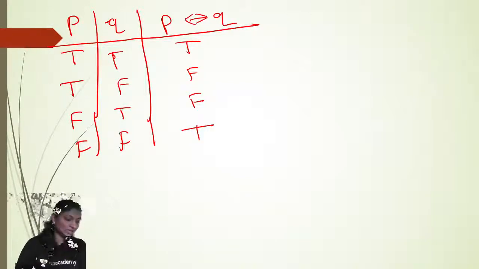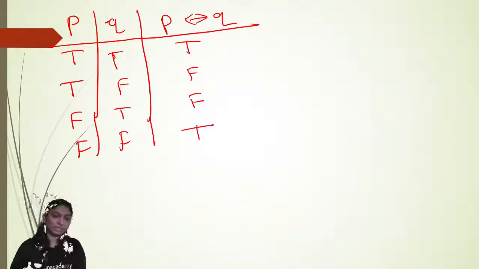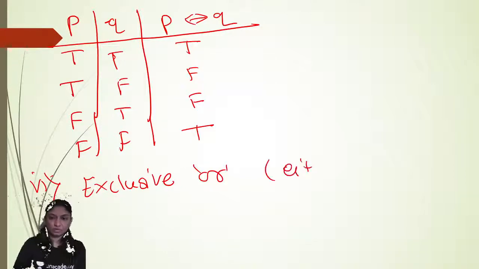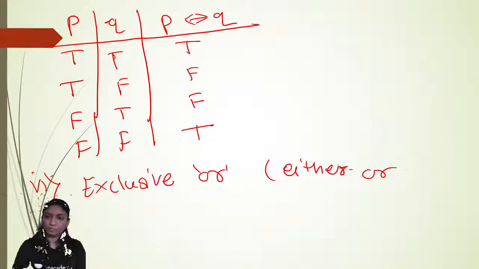Okay. The next connective is exclusive OR. It means either or. Either this or this. Okay.